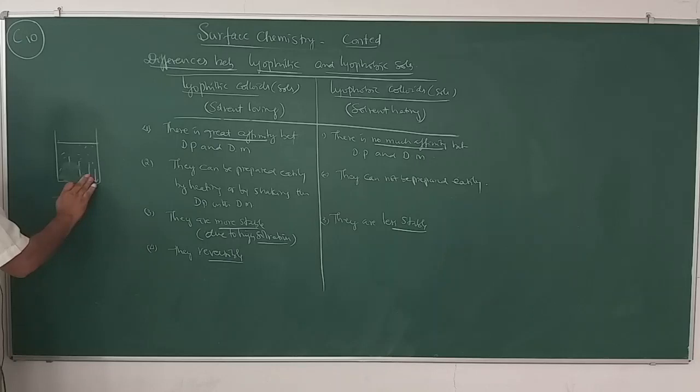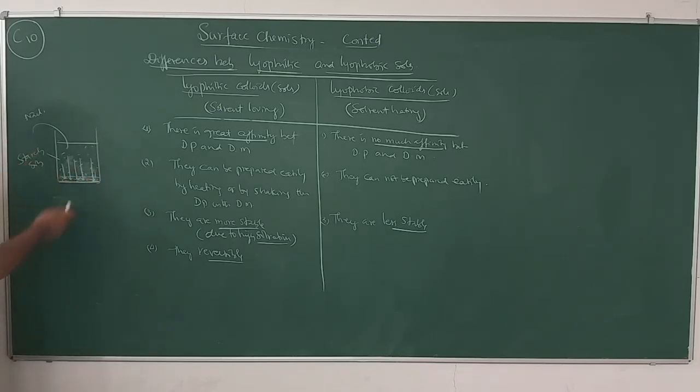Suppose the particles are made to settle down. For example, suppose this is a starch solution. If excess sodium chloride is added into this starch solution and it is heated, colloidal particles will settle down. So you will get a precipitate here.